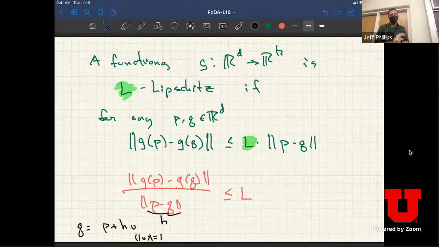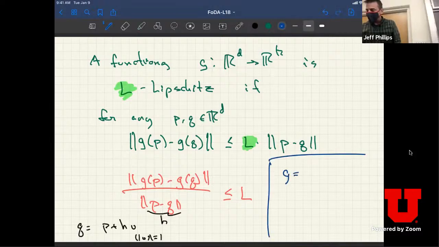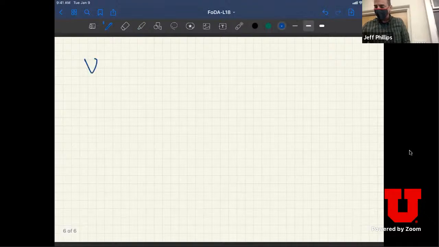I defined it this general way because you'll see this Lipschitz constant elsewhere, but this is most interesting when we think of G as equal to the gradient of F. And so we want the gradient of F to be L-Lipschitz.